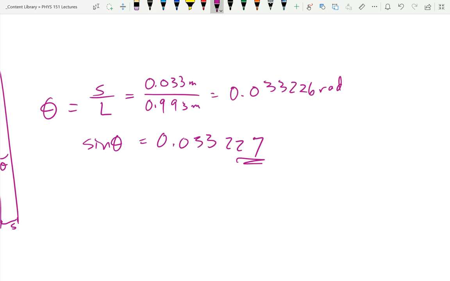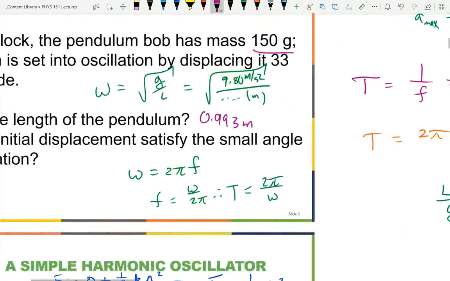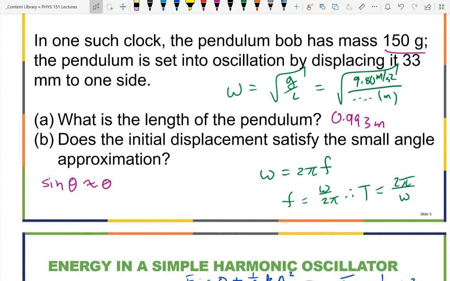Is that close enough for us to say they're the same roughly? I'd say yes. That's in the 5th significant digit. That's a very small error. So it's very good to say that it's a simple harmonic oscillator, because it's a good approximation. Any questions about that problem?